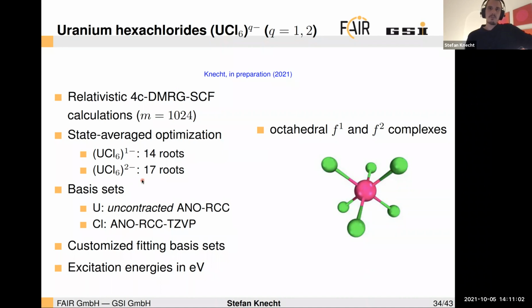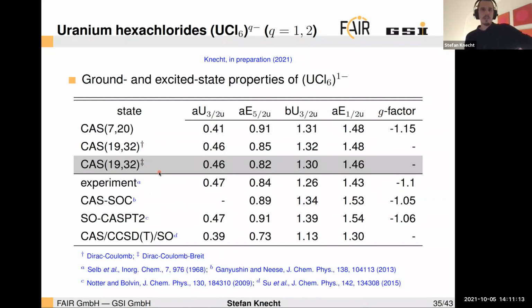And for the dianion, which is an f2 system, we included slightly more states in our state averaging procedure. We looked at the excitation energies and compared them to experimental numbers. And you can see with our CAS(19,32) DMRG ansatz, we're actually reproducing the experimental numbers pretty well, and doing also pretty well compared to, say, literature values, which are sort of standard in ab initio quantum chemistry.